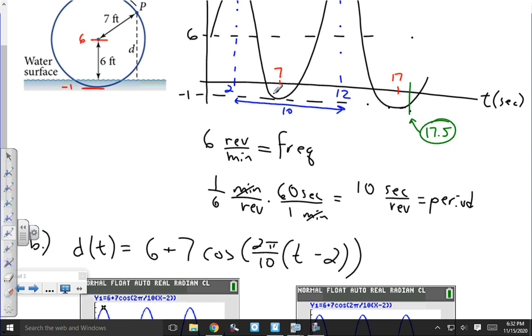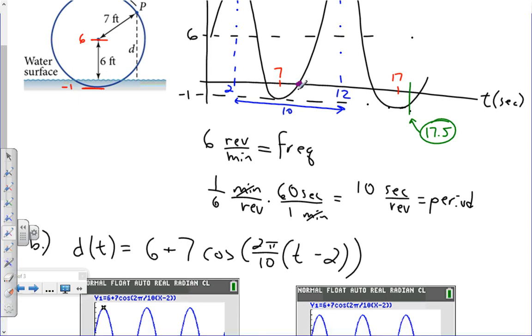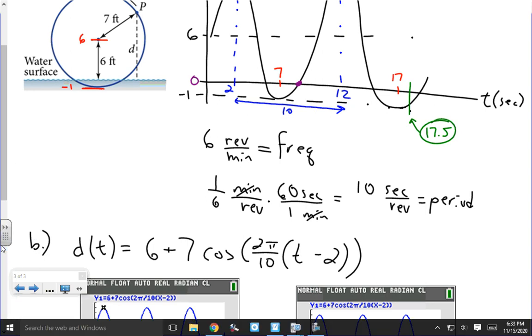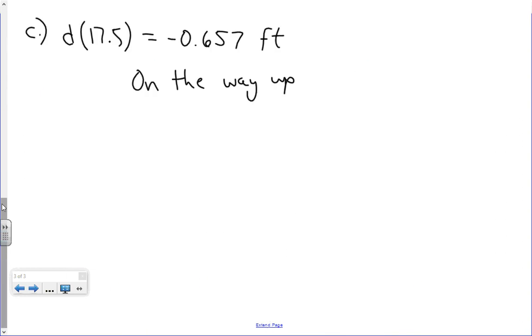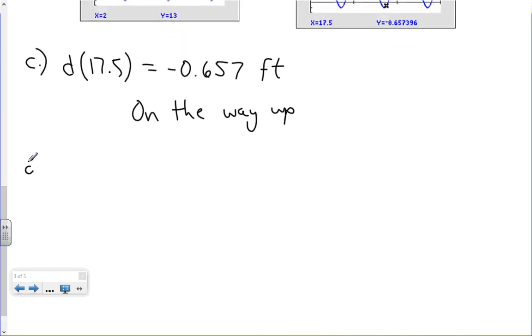They're looking for this time right here, which is sometime after 7 seconds that we are going to be coming out of the water. So we're trying to find out when our function is equal to a y value of 0. That's the x-axis there. So let's solve this. And we're going to solve this algebraically. This is the way I'm going to ask you to solve these problems here as well, just so we get some more practice.